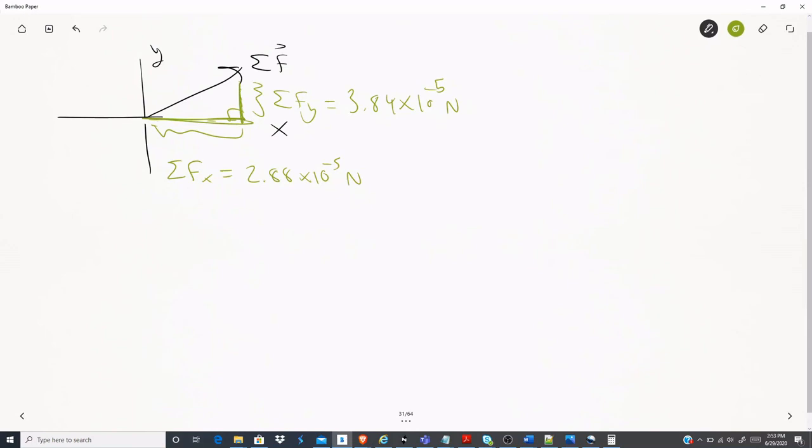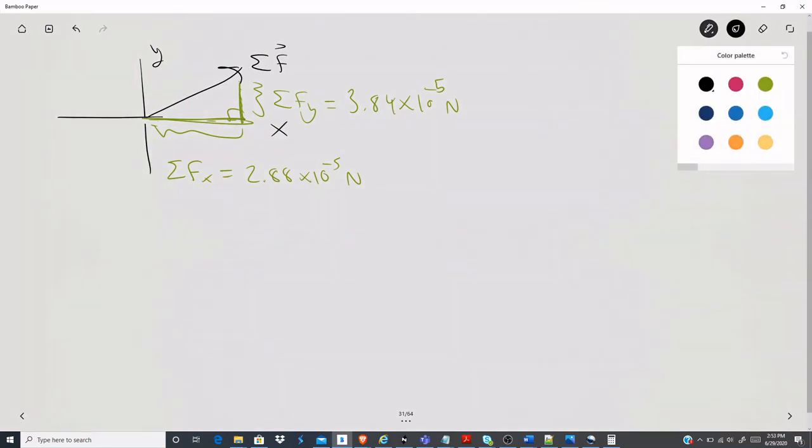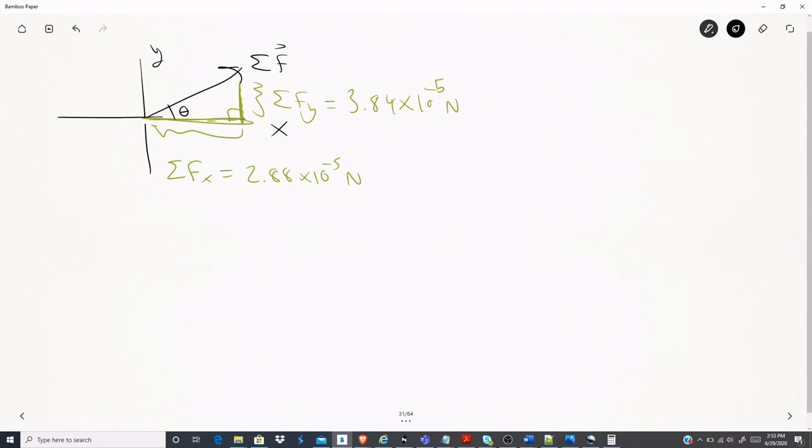And what I want to determine is this angle here, because I can describe this direction as an angle relative to one of my coordinate axes. So the tangent of my angle is going to be the sum of the force over y divided by the sum of the force over x, because tangent is opposite over adjacent.